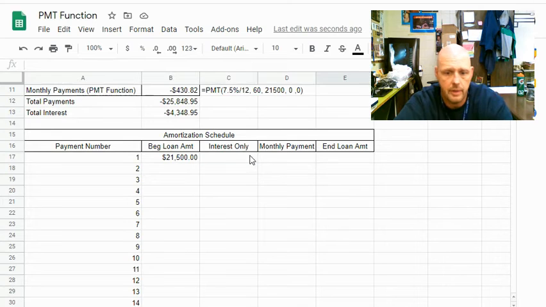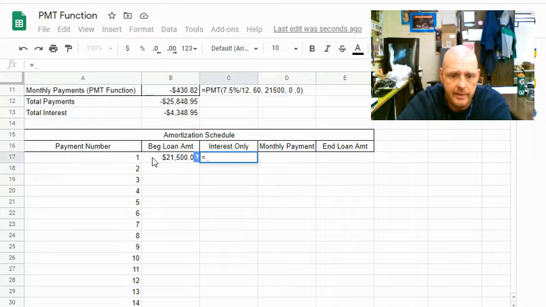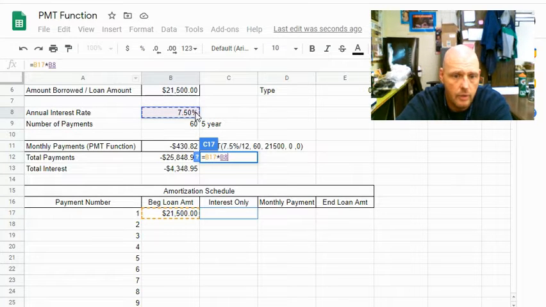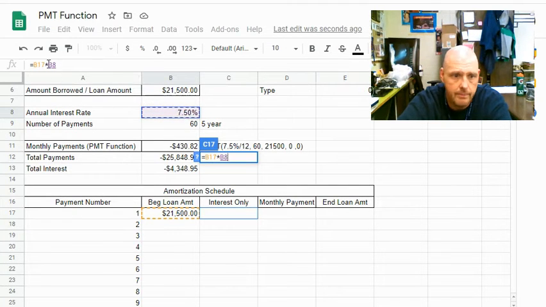So again, just clip it off one by one. I take the number right next to it, and I'm going to multiply it by, well, there's my annual interest rate. Again, I always want it to refer back to this cell, so I'm going to use absolute cell reference to make that happen. But I got to divide it by 12.